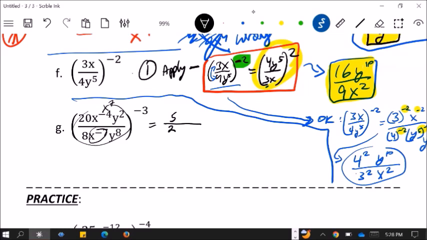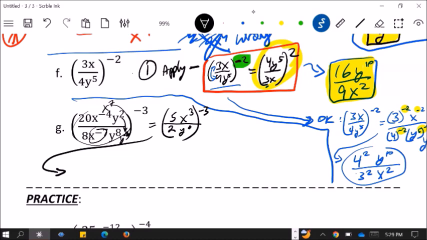So it's 7 take away 4, that's x to the third power. And then I see the y to the 8th. I'm going to bring this one down here as y to the negative 2. 8 take away 2 is 6, so I have y to the 6th power here. And all of that to the negative 3.